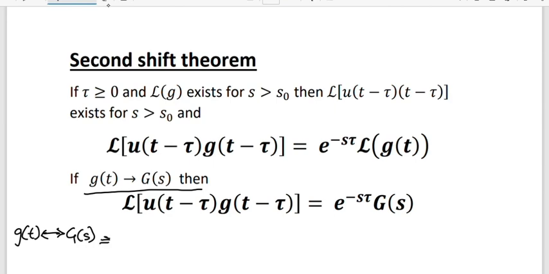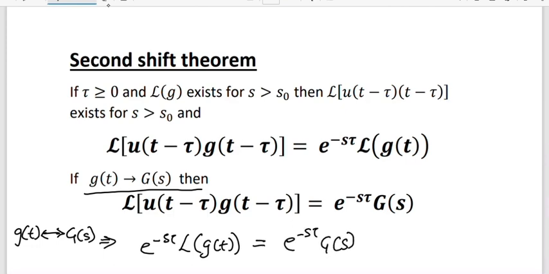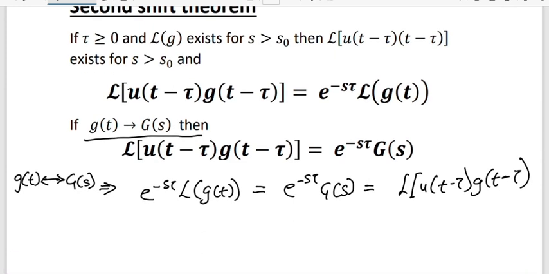So this simply implies that the Laplace transform of this is going to be the same as exponential negative s tau G(s), and we know this is the Laplace transform of u(t minus tau) g(t minus tau).